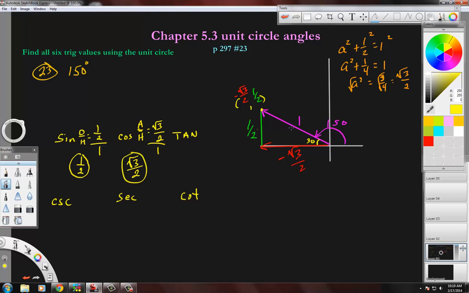The tangent would be, this is going to be a little bit more painful, opposite over adjacent. So it is O over A, which is 1/2 over negative radical 3 over 2. All right, let's do that in blue here. So we got 1/2 divided by negative radical 3 over 2.